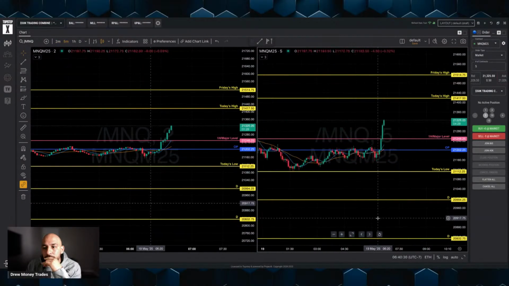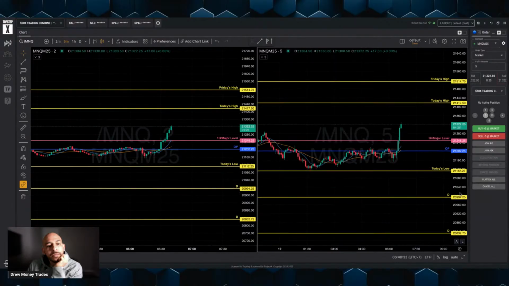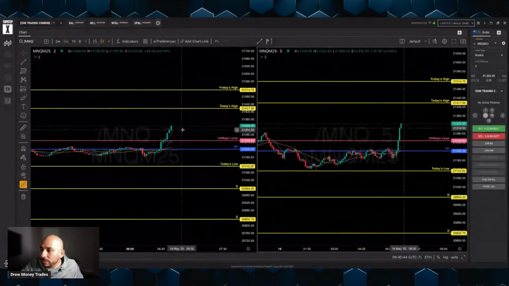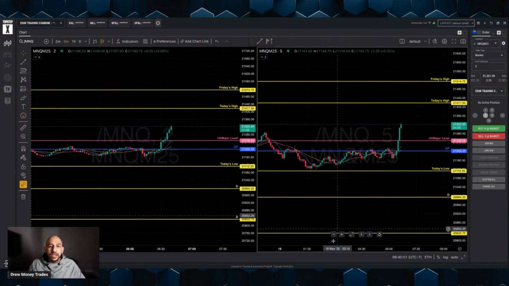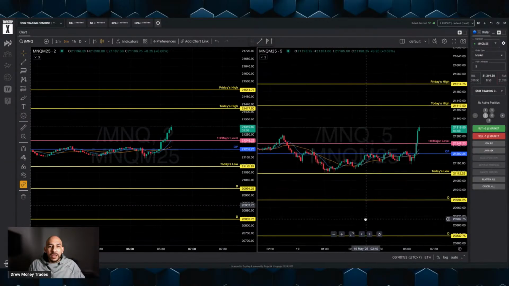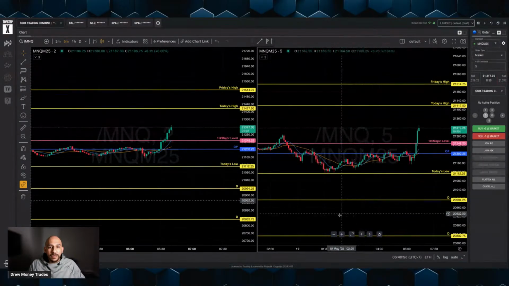It's kind of tough to get in though. There's no real pullbacks for me to get in. What you want to see is a pullback, because if I get in now, there could be a pullback that stops me out, and then it continues higher. So you can't just jump into the market.